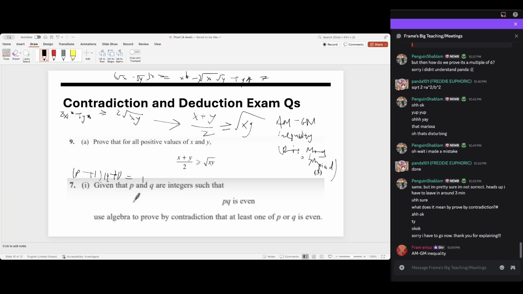We just assume that P and Q are odd numbers, so adding P and Q and 1 gives a number which is not divisible by 2. So this is odd. Yeah, this is the proof by contradiction.